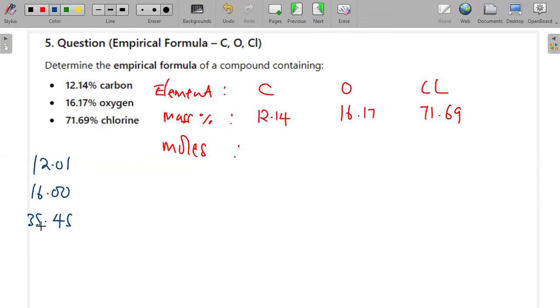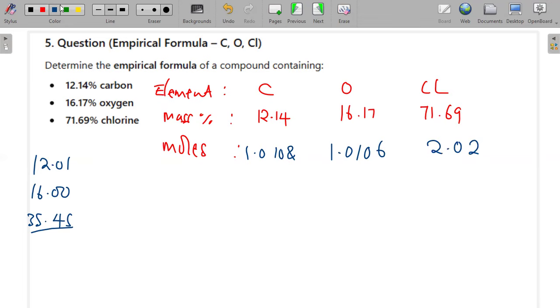Okay, so let me divide. So if I divide this by that, I get 1.0108. If I divide this one by 16, I get 1.0106.